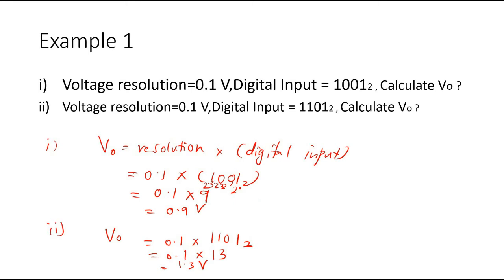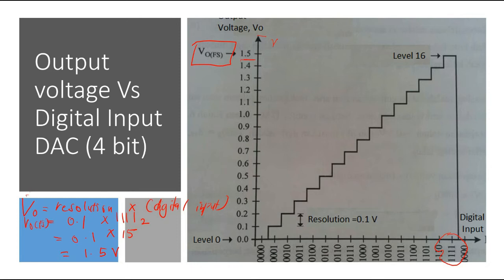If you look at this 1001 in the diagram here, and 1101 here, if we go here, 0.9 volts.